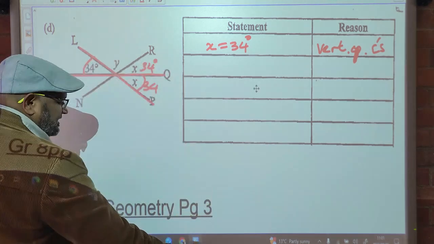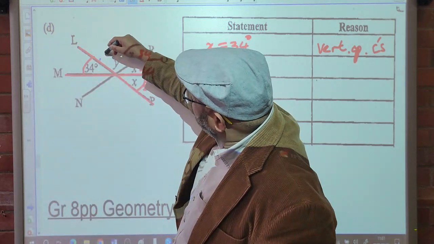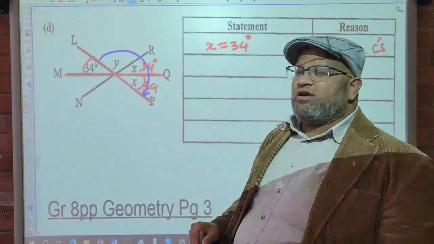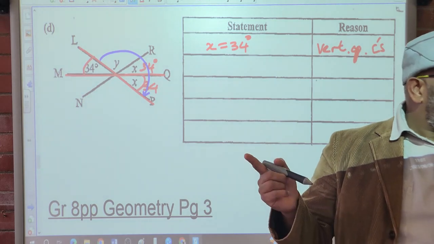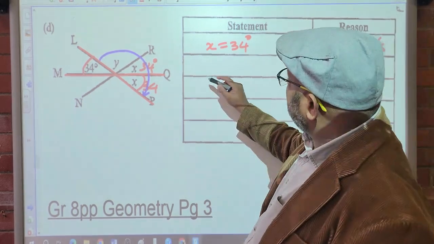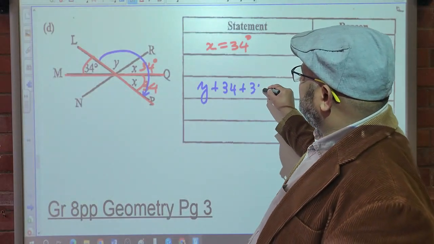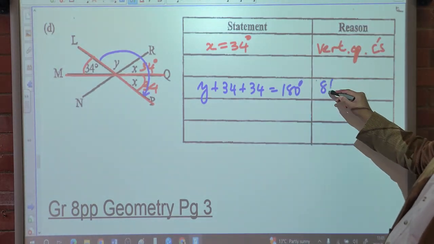So how are you going to calculate y? You can say y plus 34 plus 34. We don't have to say x anymore. Why? Because x is 34. You see that, people? So we say y plus 34 plus 34 equals 180. Why? Straight line.